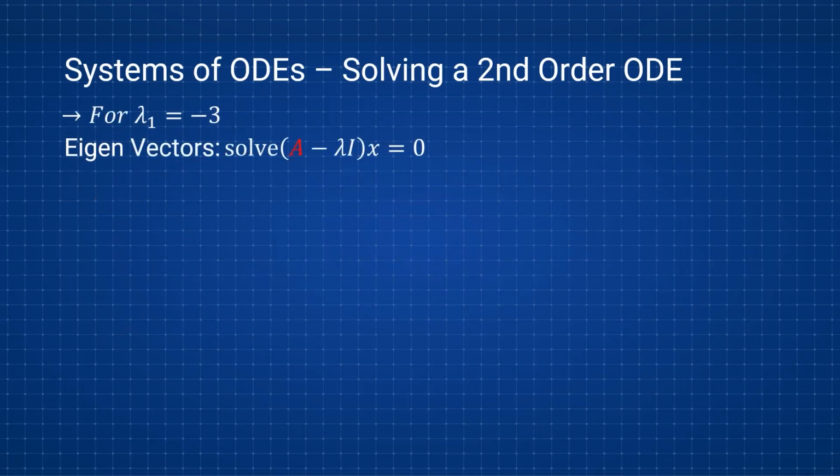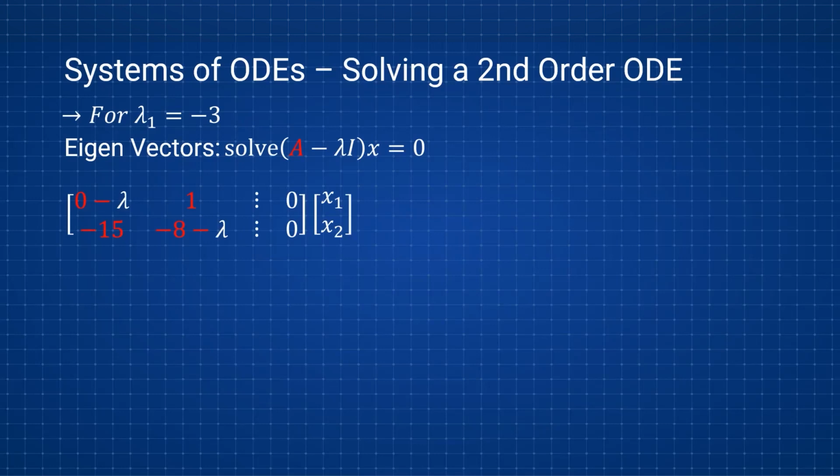So let's start with lambda 1 equals negative 3. In order to solve for my eigenvector, I will solve the difference between matrix A minus lambda times I, everything times x, equals 0. Here I have an augmented matrix where I already include the zeros. Once again, only the numbers in the diagonal have the lambda.